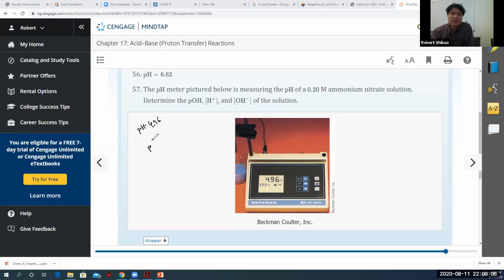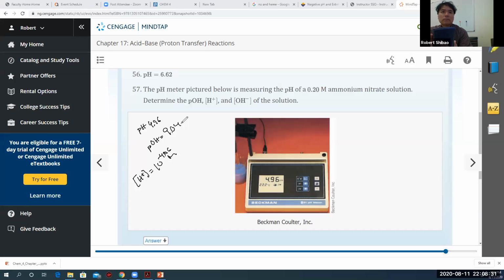That means the pOH is equal to 9.04. So 9.04 plus 4.96 should give me 14. That means the H plus concentration is equal to 10 to the minus 4.96 molar. So I'm going to go ahead and do that anti-log here.